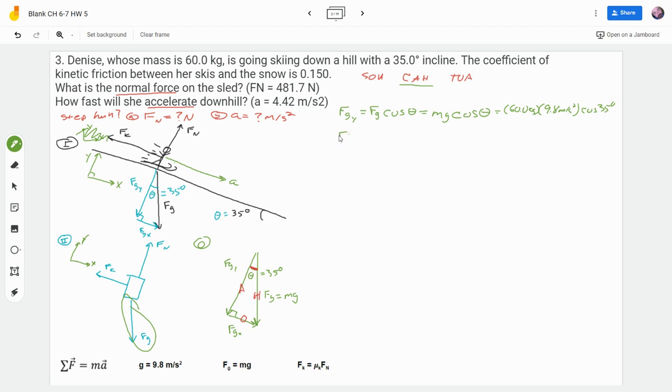And we're going to end up with F sub gy equal to 481.66 newtons.